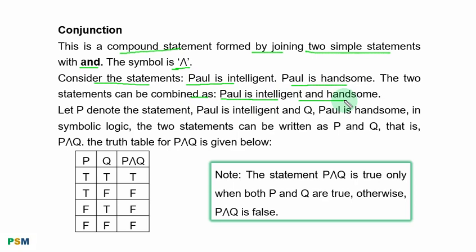Both go together. Let P denote the statement Paul is intelligent, and Q, Paul is handsome.